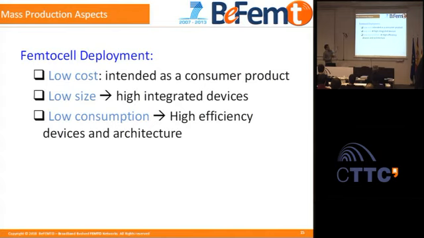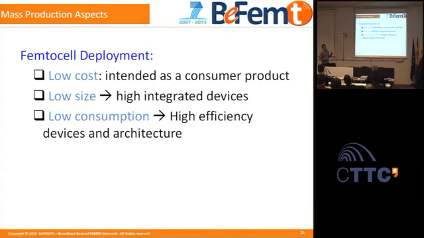After that, you have a low size, because these are very small devices. This leads to using highly integrated devices, some of them available from the chip manufacturers.